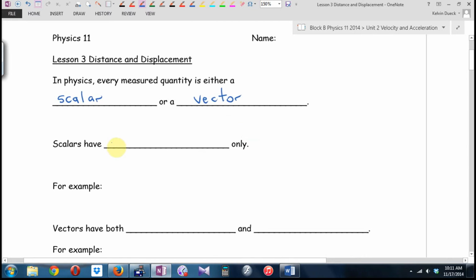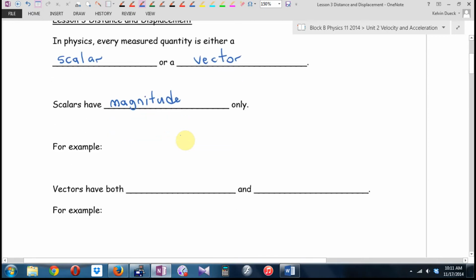Scalars have magnitude, that's the fancy word for size, only.